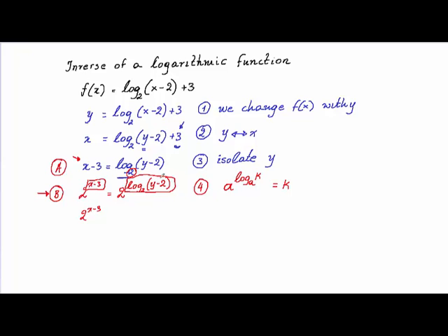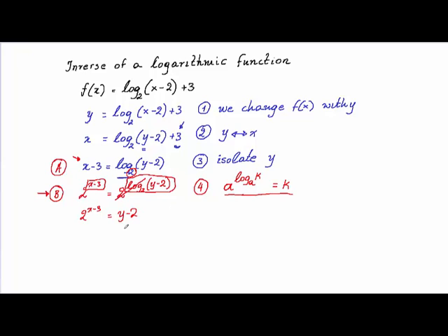So instead of having the entire power on the right side, I can simplify the 2 with the logarithm, and this is going to be equal to y minus 2, that is just my exponent. So I bring the exponent y minus 2 down, using the property that a to the log with base a of k is equal to k.